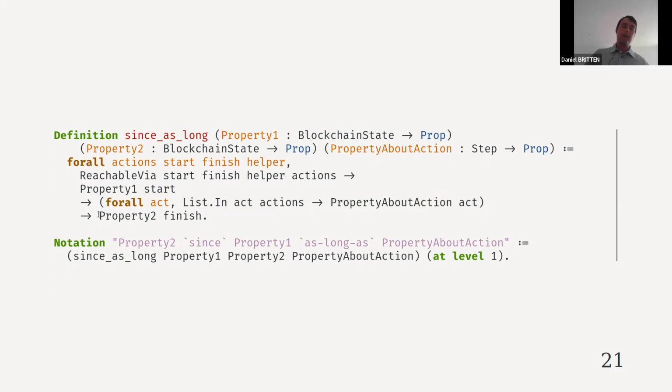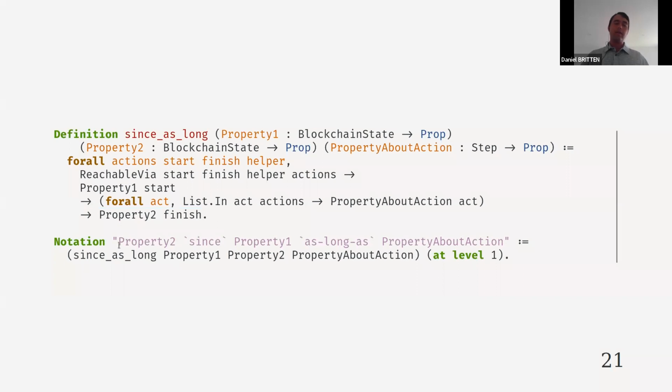And if that's the case, if we have property 1 and the property about actions, then property 2 must hold about the final state. So you can think of this as: in our final state, we want some property. And if we have that property way back somewhere in the start and for every state in between, then we're good. We have that property. And that's the idea this is expressing.